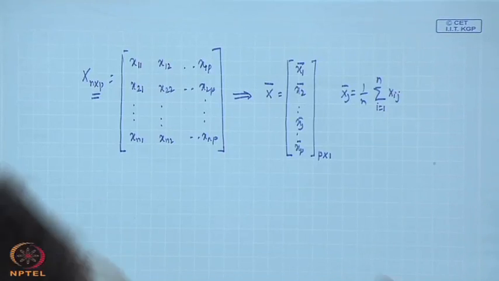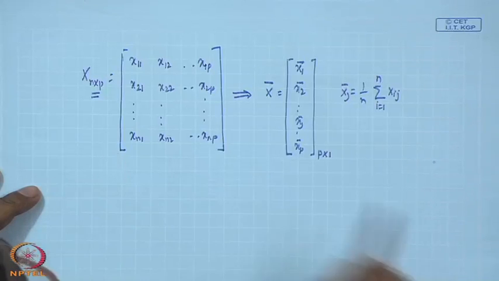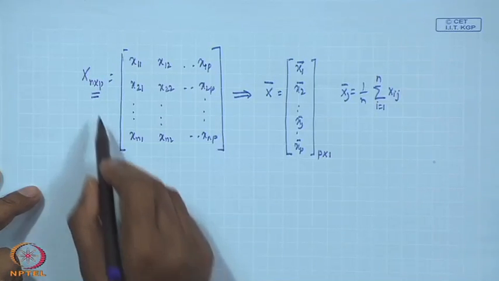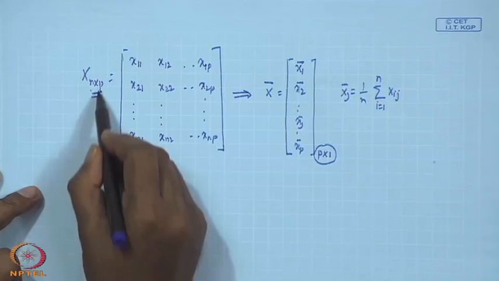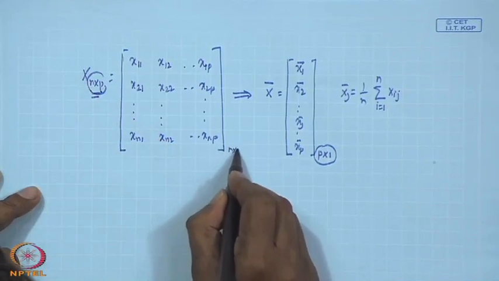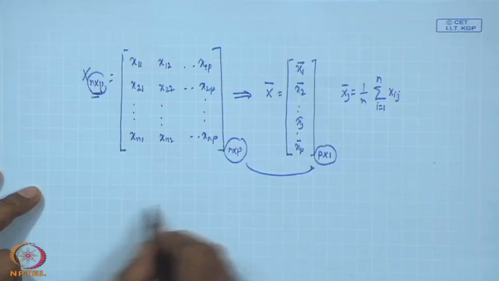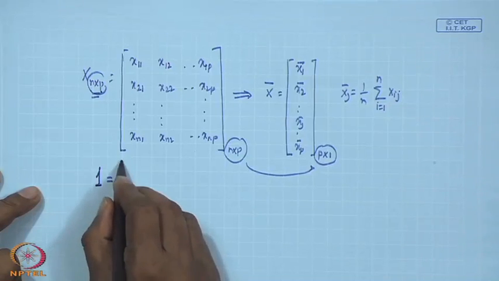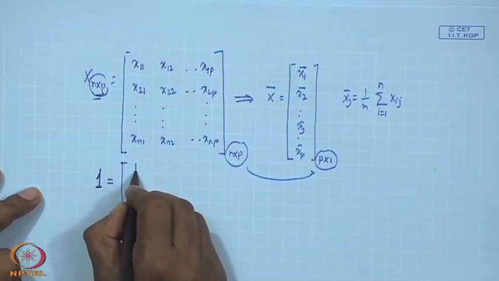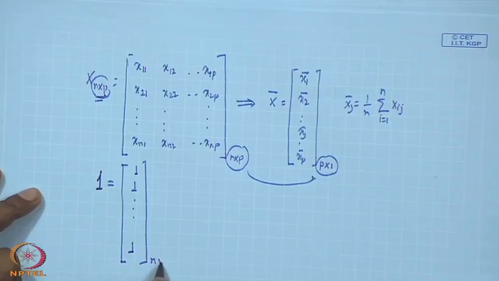Okay. Now, in matrix form, in one go you want to calculate all those things. When you calculate in the matrix domain, please remember, I have an n cross p matrix and I want a p cross 1 matrix. This is n cross p, and you are going to p cross n. What if I create one matrix, a big 1, symbol 1, which is all ones, 1 1 like this, with n ones, so n cross 1?